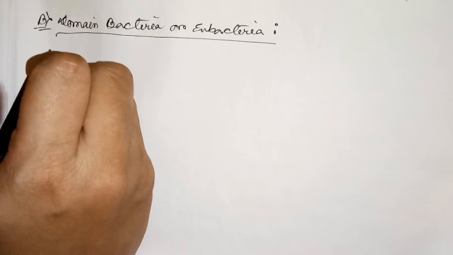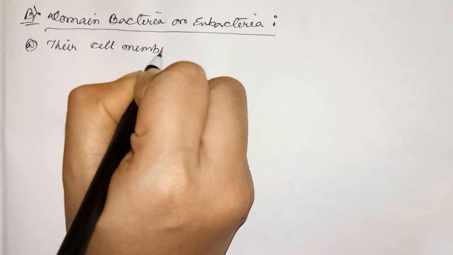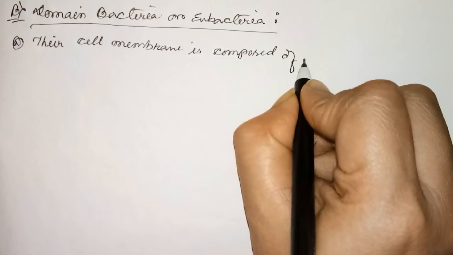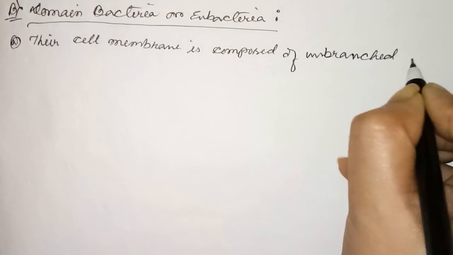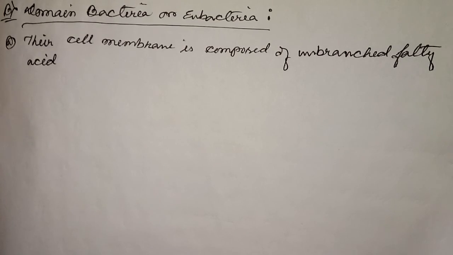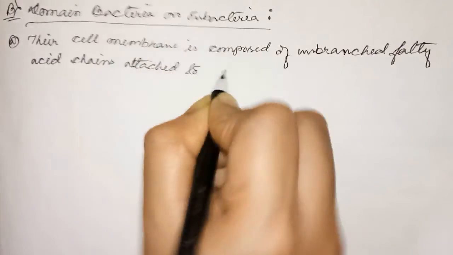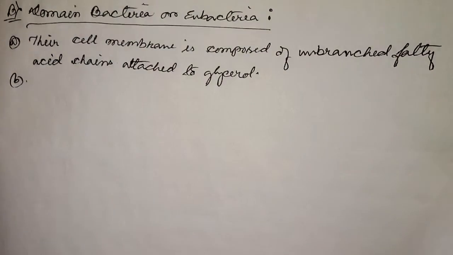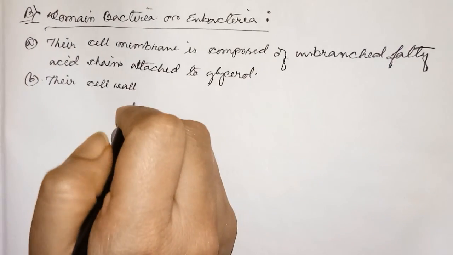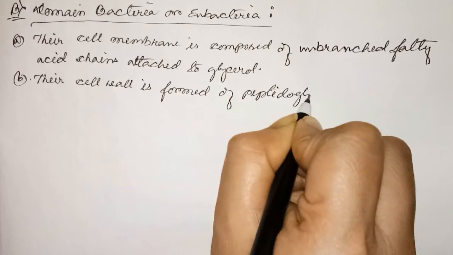The features are: their cell membrane is composed of unbranched fatty acid chains attached to glycerol. Next, their cell wall is formed of peptidoglycans.